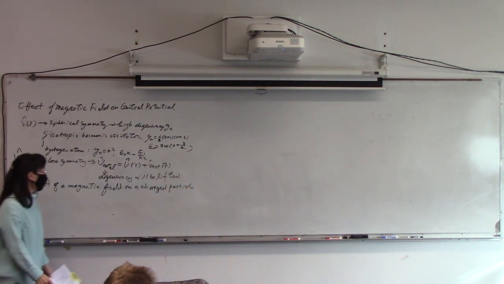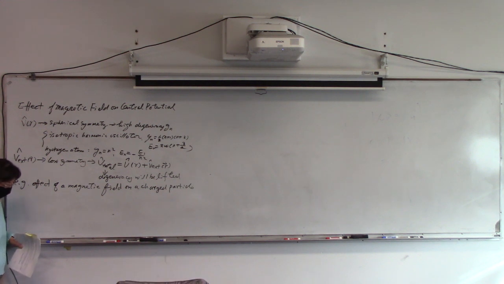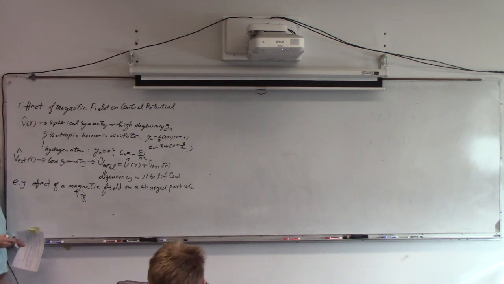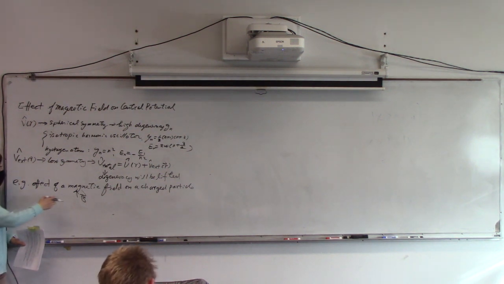So now let's consider this. First, you remember your E and M, right? If we say there's a magnetic field B, we know that if we have an external field, it must be associated with an external potential field, right? So for the magnetic field, what does the potential field look like?